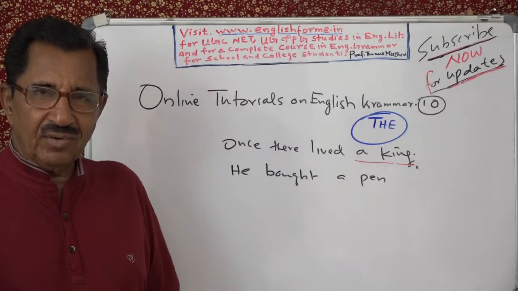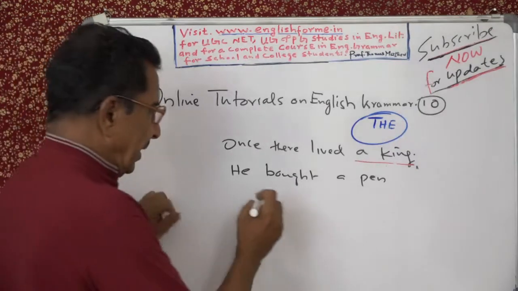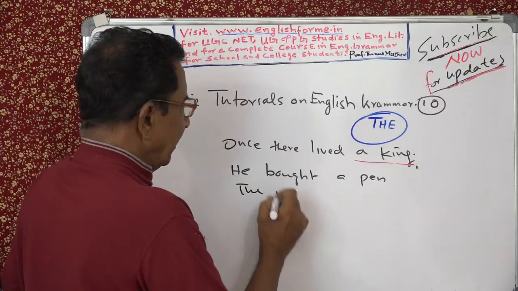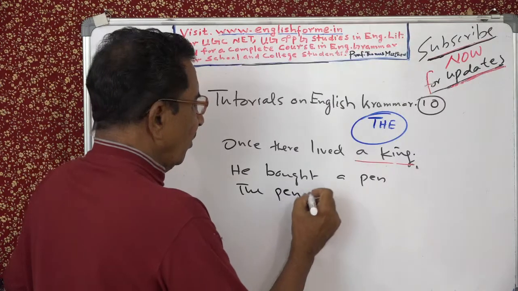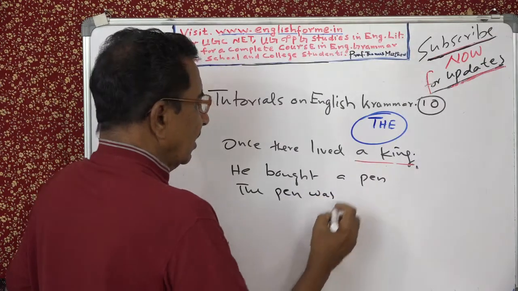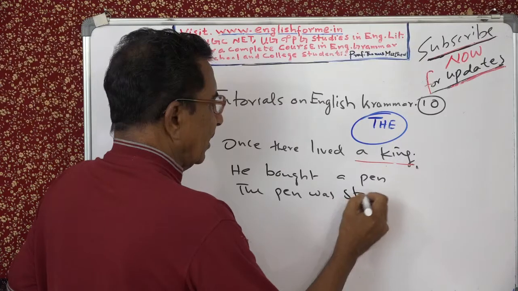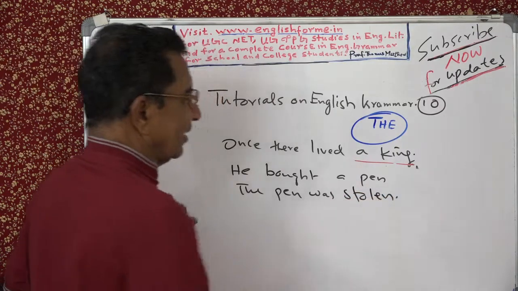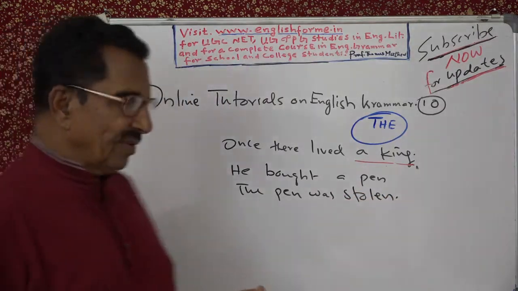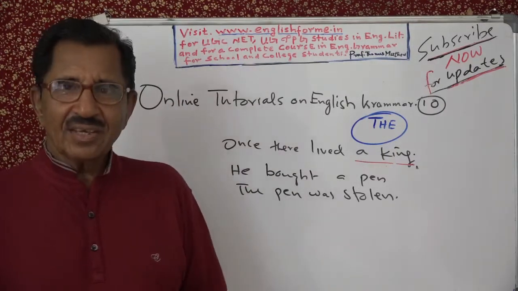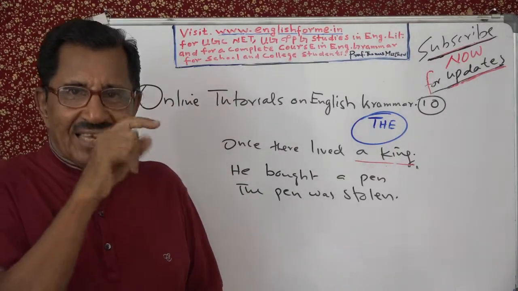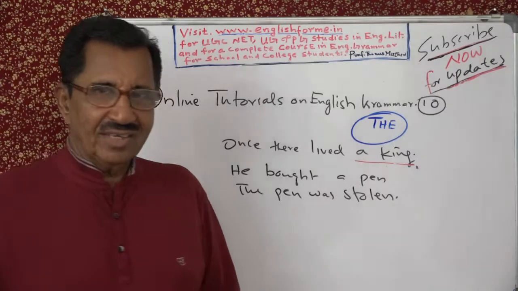What will you say? He said, the pen was stolen. Oh, that's very bad. He bought a pen, the pen was stolen. That means, which pen? The pen that he bought.